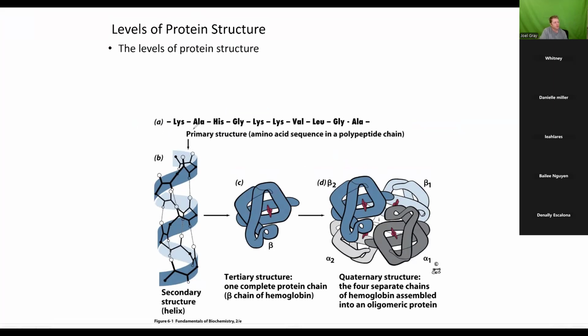Our primary structure is just the amino acid sequence in a polypeptide chain. So you would see a primary structure using the three-letter codes, LYS, ALA, HIS, GLY.